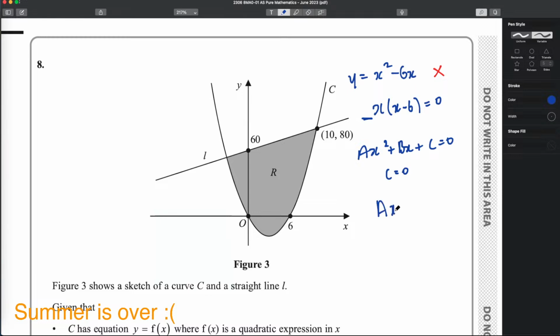So we're just left with ax squared plus bx. No, this is y. Sorry.